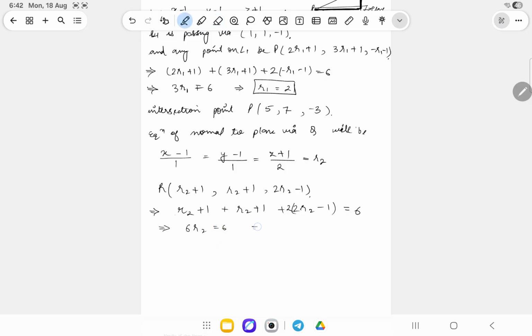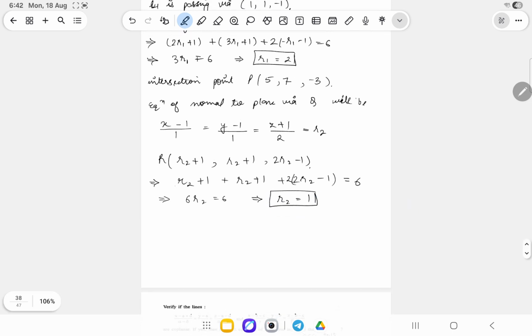Equals to 6. So from here I got my R2 as 1. So point R, which is basically the foot of perpendicular, will be (2, 2, 1).